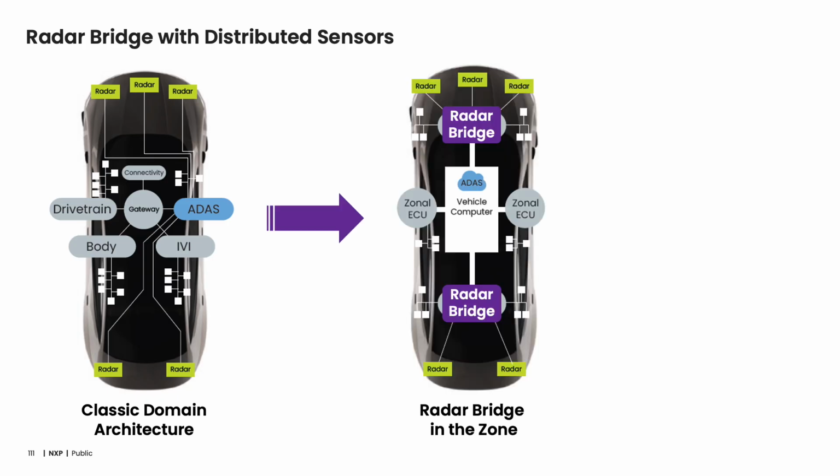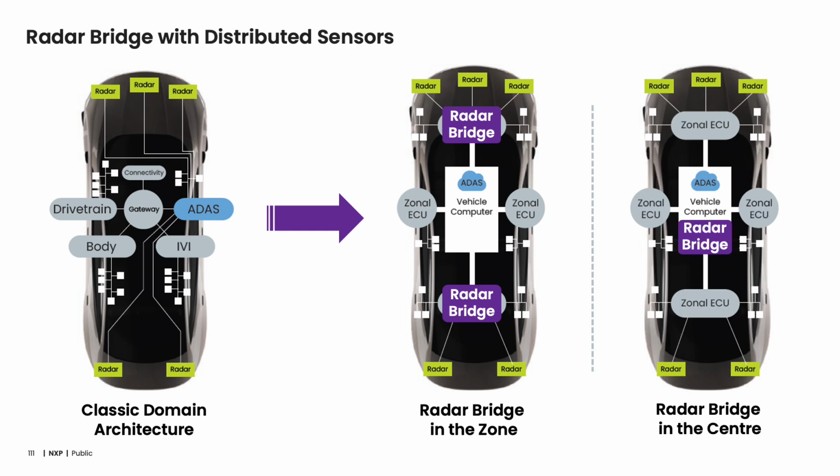One of the proposals, or one of the options here, is to place a radar bridge processing ECU in the zone where the radar sensors on the edge of the vehicle are much simplified in comparison to the smart radars that we have established already. I'll talk in more detail about what exactly that means in terms of simplification and separation of responsibilities.